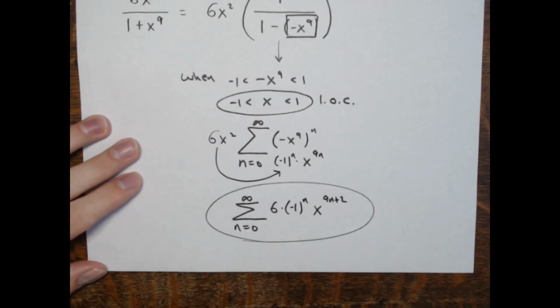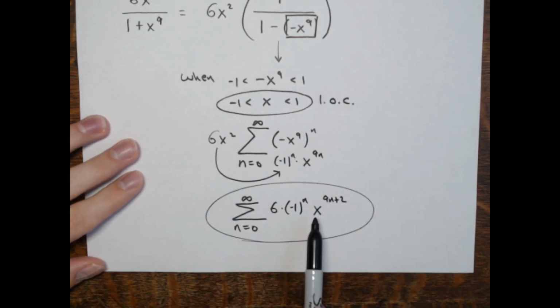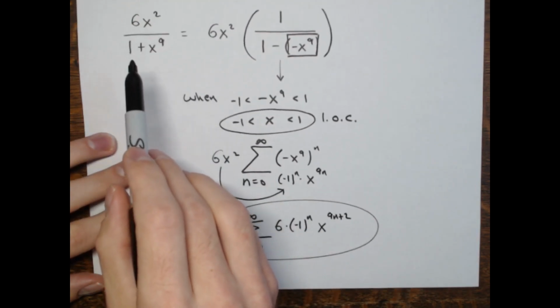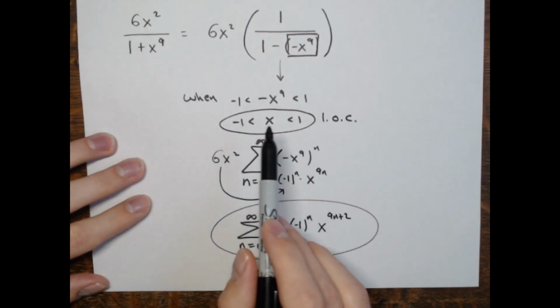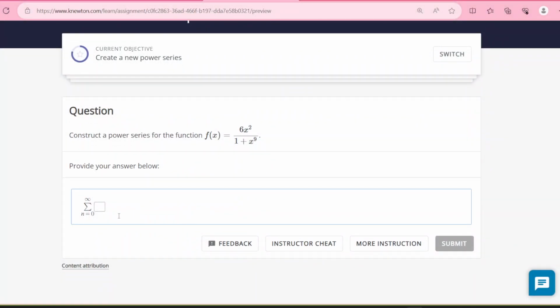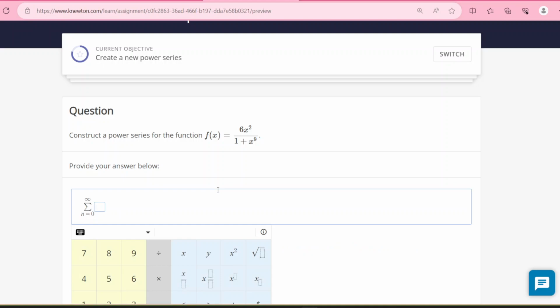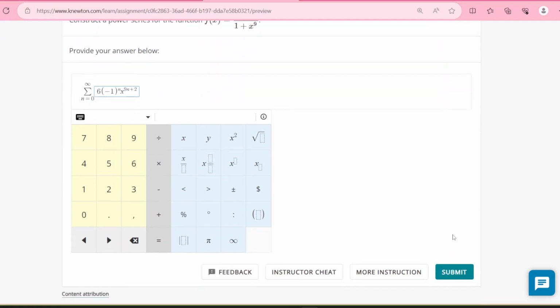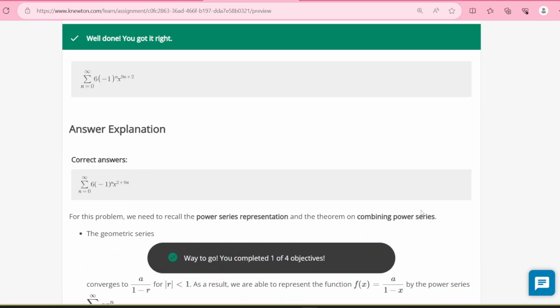This series will converge to our function value only when we replace x with values between negative 1 and 1. So 6 times negative 1 to the nth for the coefficients, and then your powers of x to the 9n plus 2. Great.